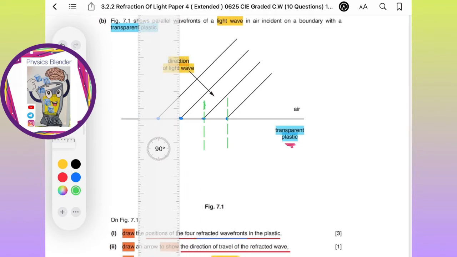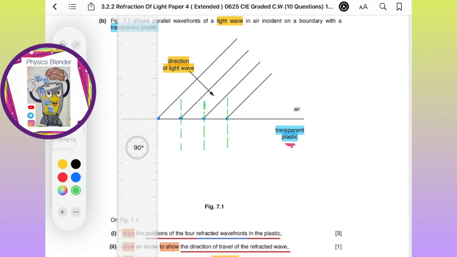Before we draw in detail and explain, you are expecting what you will get when you draw. You have here the more dense medium. The more dense medium is plastic, because we said earlier that air is less dense.